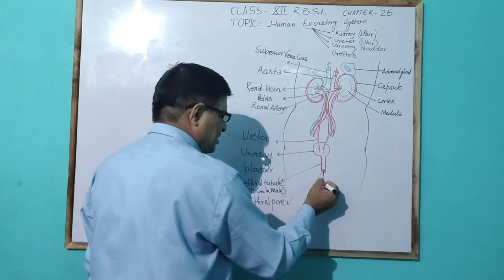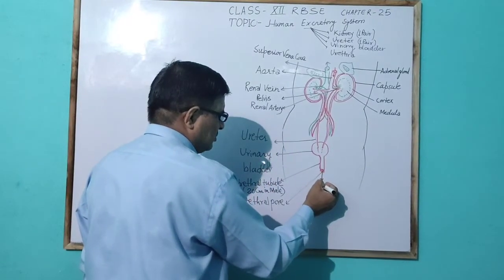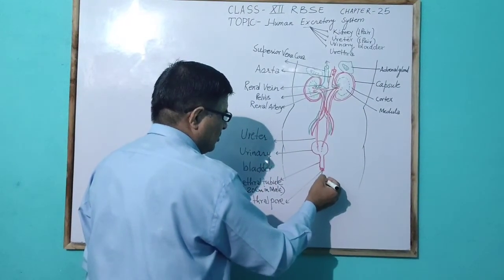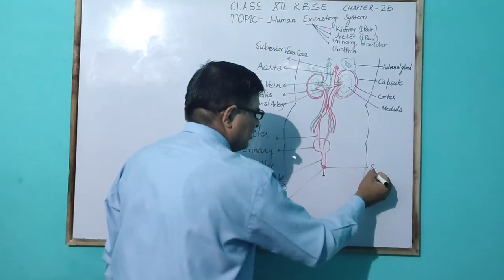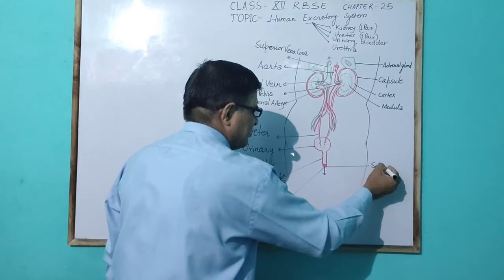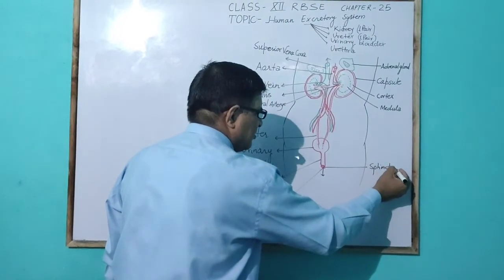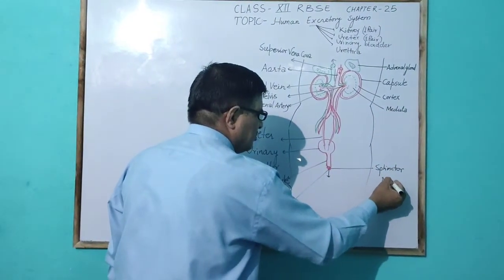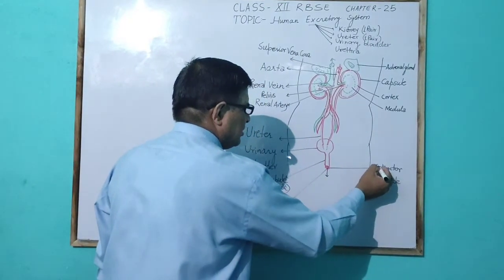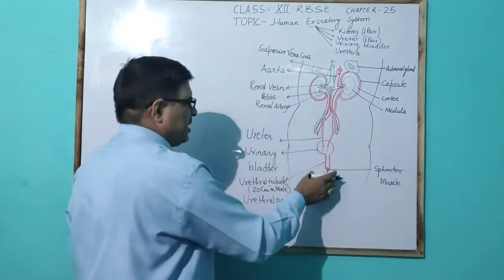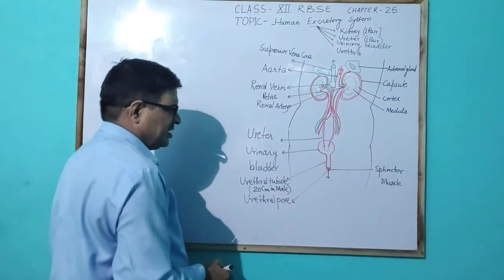So the urine passes out by the urethral pore, which is surrounded by the sphincter muscle, which generally closes the urethral pore and opens due to neuroendocrine control.